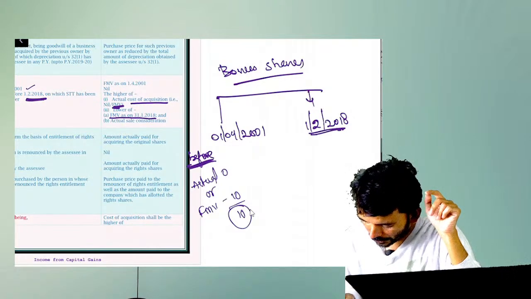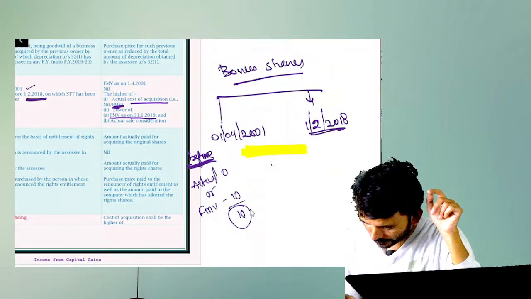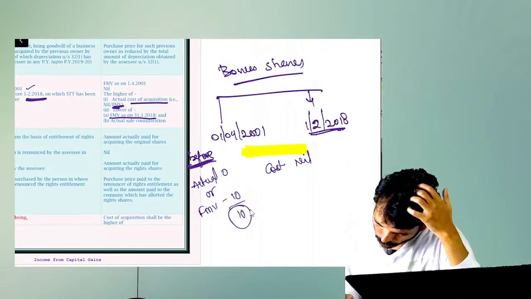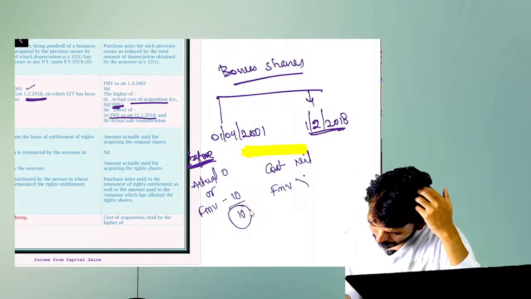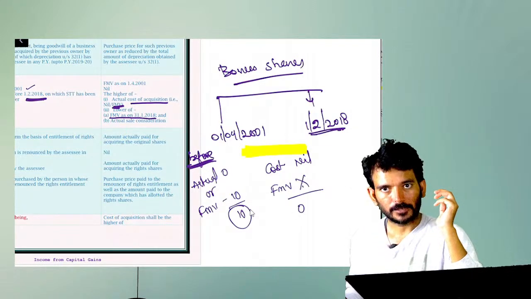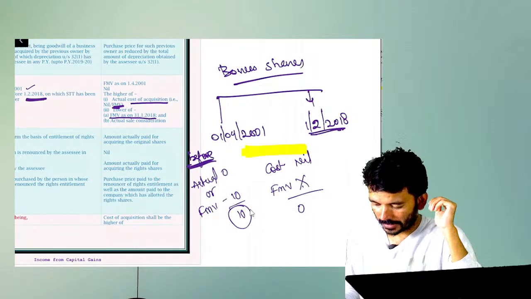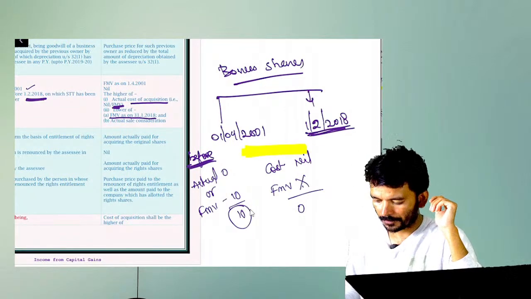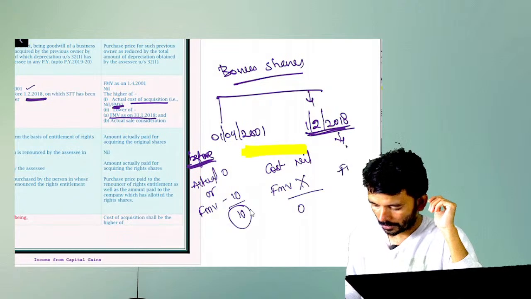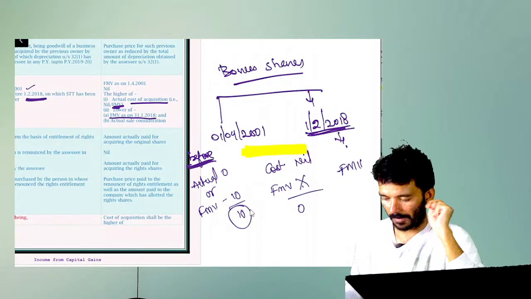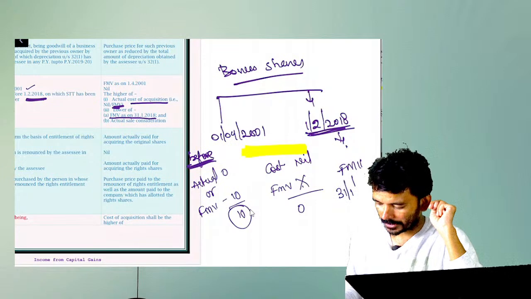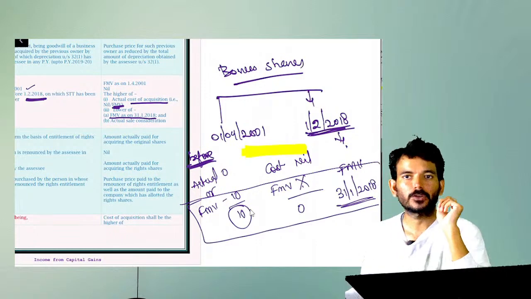So if you are purchasing between these two periods, this will be the actual cost, that will be nil, and you don't have a fair market value option, so it will be 0 only. So their thinking is it should not be more than the fair market value as on one day before the amendment. So 31st Jan 2018. So least of these three will be your cost.